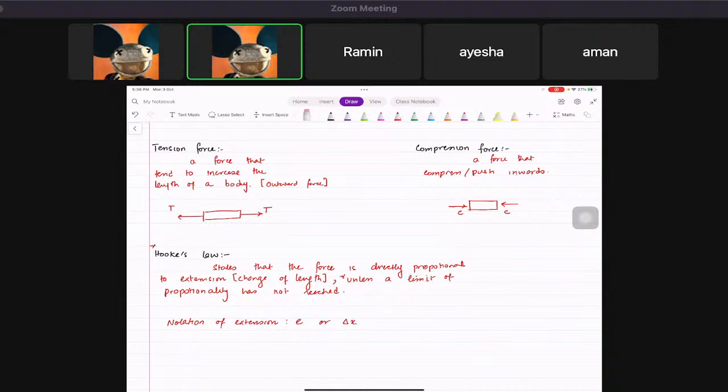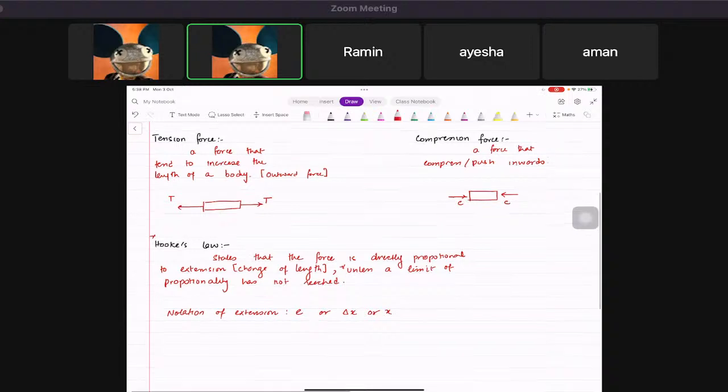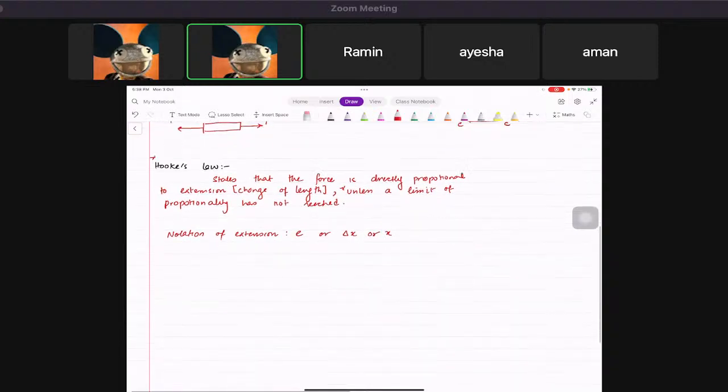So do not get worried if they give you any of these, this just means the same thing. Now what they are actually pointing out is that force is directly proportional to extension, and when you remove the proportionality sign you get F equals Kx, where K is the spring constant.